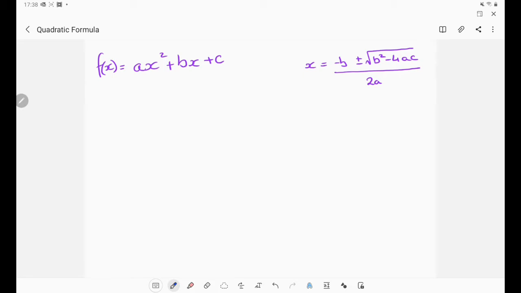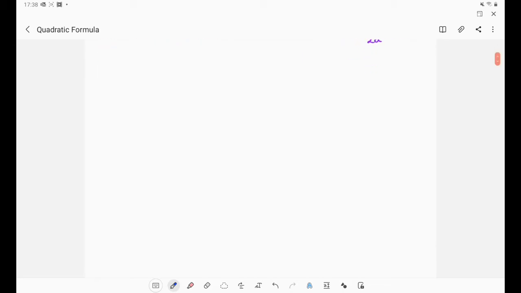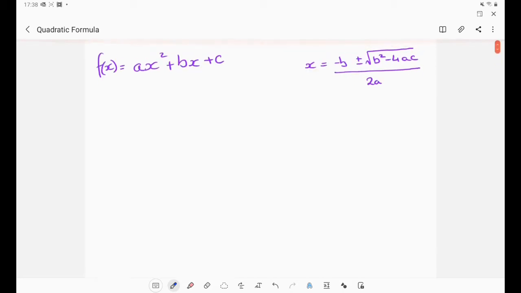The first example we are going to look through for the quadratic formula is the same one we did when we're doing our non-formulaic methods. So when we're factorising, splitting, solving. And it is f of x equals x squared plus x take away 2.